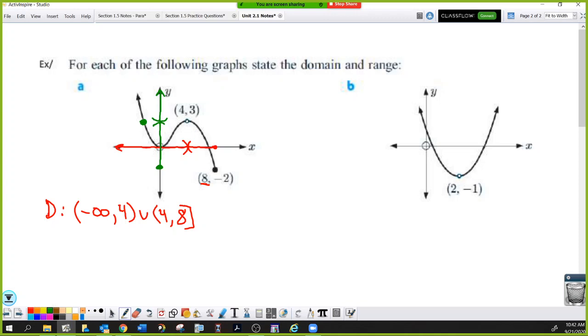The answer is yes. So its range then comes up from the number -2 and goes all the way up to infinity forever. And that does include the number y equals 3 because this side of the graph does hit y equals 3. Cool beans.